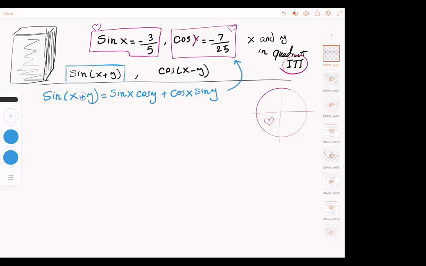Definitely the calculator is out, right? It doesn't work. So equal to sine of x, we have it right there, so I'm going to plug in -3/5.